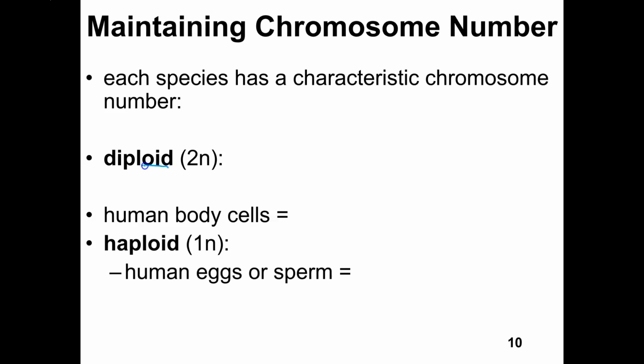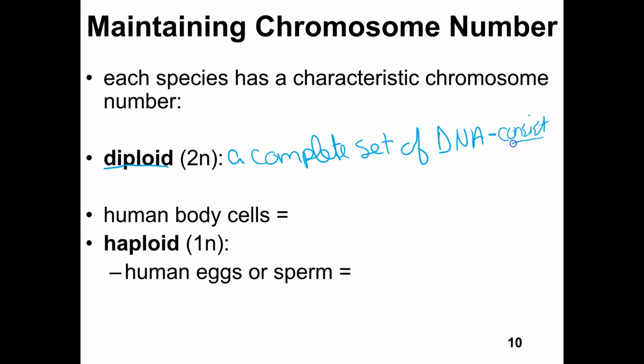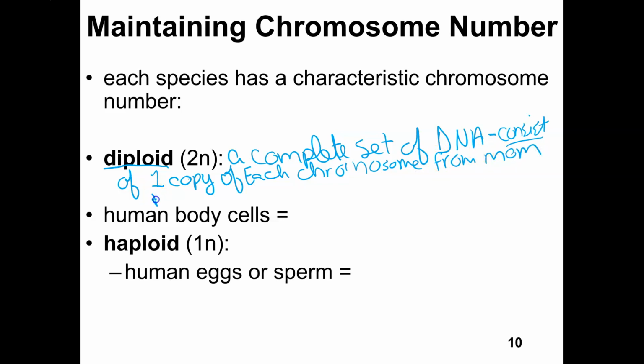The term diploid means a complete set of DNA consisting of one copy of each chromosome from mom and dad, okay?